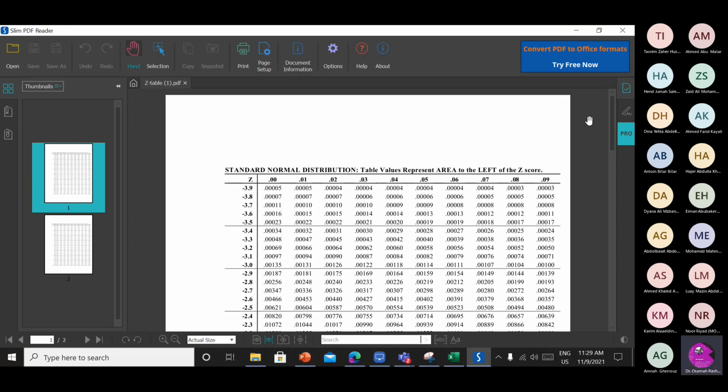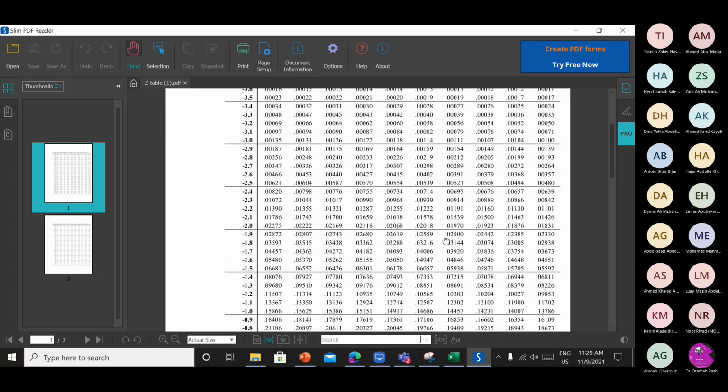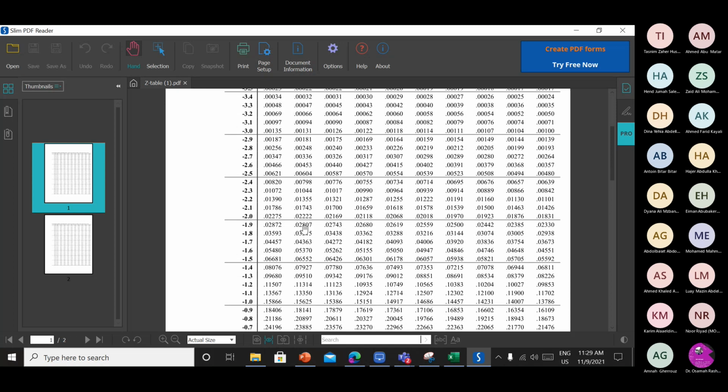If I have Z negative, I can look for it here, right? So I can look for 0.025. Do you have it here? It's very close up here. Okay. 0.025. This is the one.